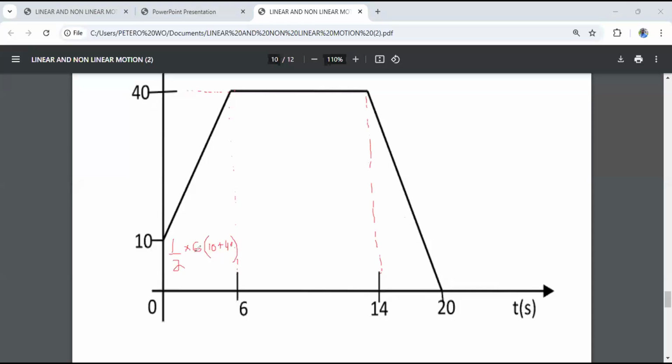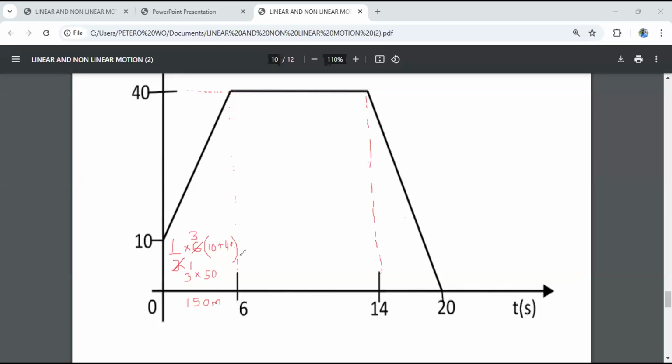So when you do that, you realize that the 2 and the 6 cancel to give us a 3. So we'll be having a 3 multiplied by 10 plus 40, which is a 50. So for the first area, it is 150 meters.